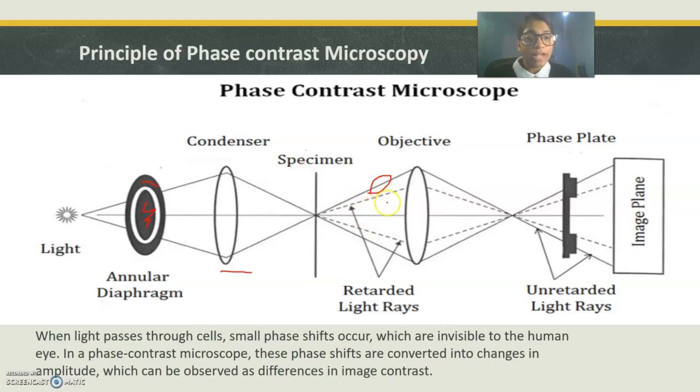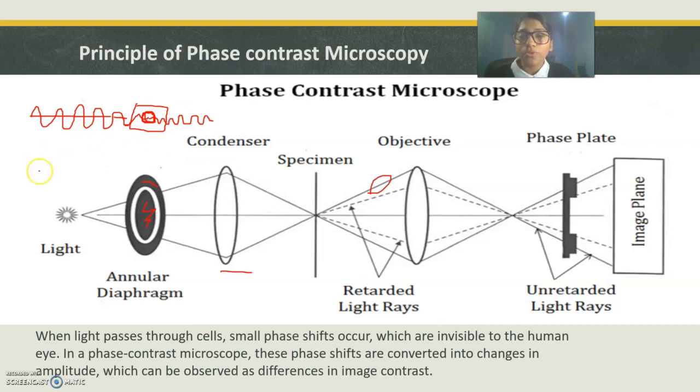Why is this retarded and this unretarded? If you see, this is the specimen and the light rays pass through with a certain refractive index. When it hits the organelle of our slide, the refractive index changes and becomes smaller.